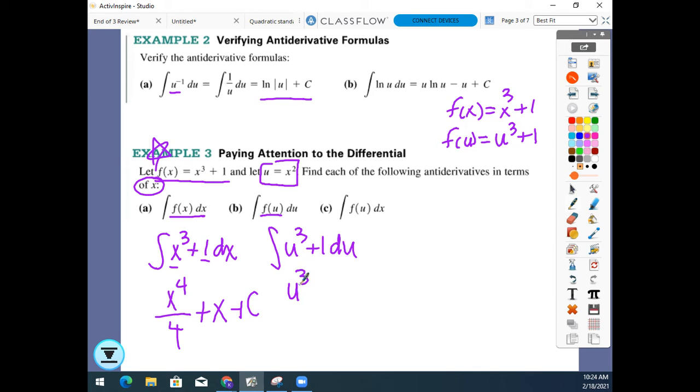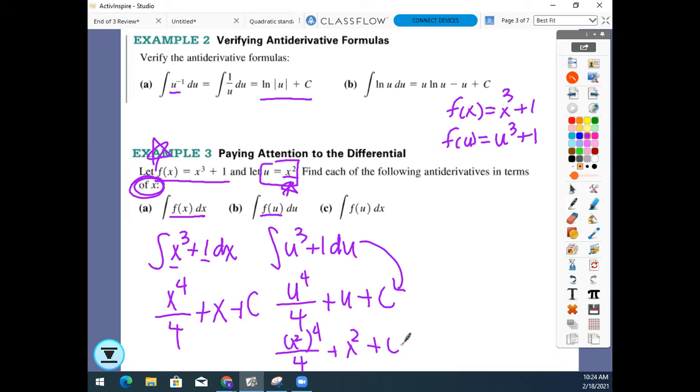It's just in terms of u. There's just an extra step because they want this to be in terms of x. After you do your antiderivative, we just replace all of our u's with x squared. So x squared to the fourth over 4 plus x squared plus c.